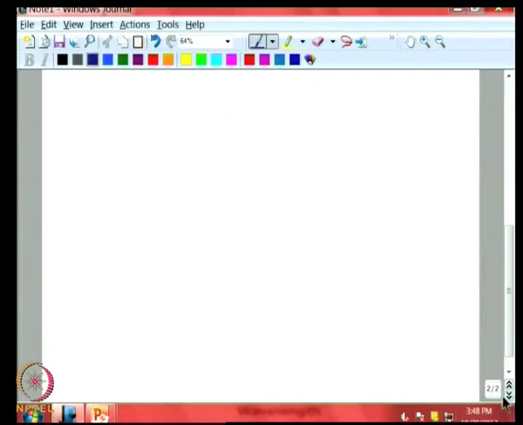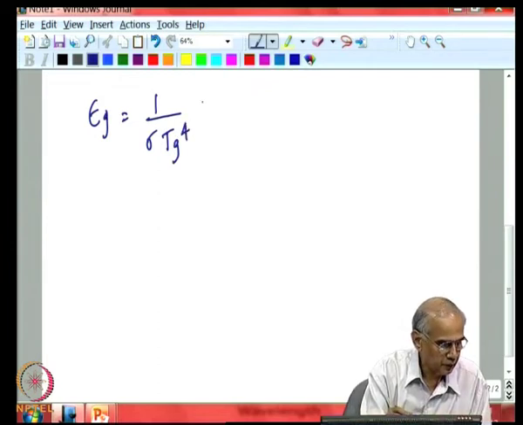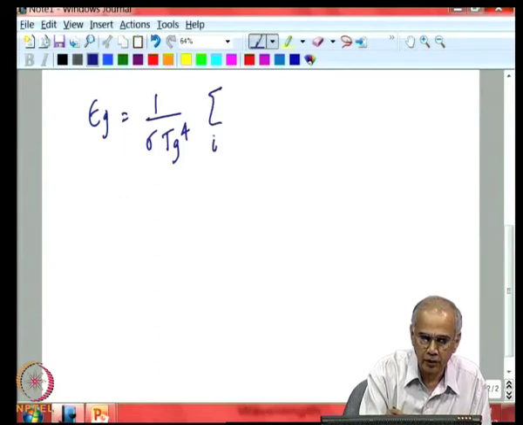emissivity in an absorbing gas. We defined emissivity by the traditional definition which we had already used for solid surfaces, and we said that we integrate over all the bands of the gas.